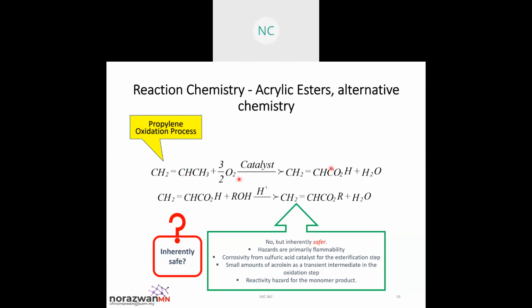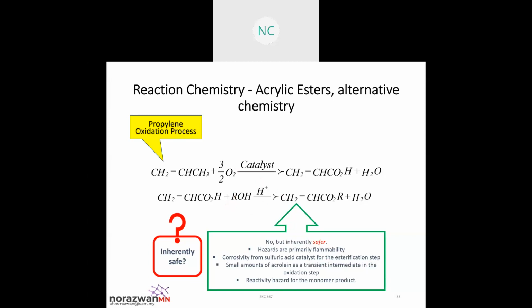What we call inherently safer is the comparison between the previous process and this process, which is less severe. The hazards are primarily flammability, but we already reduced some of the chemicals that were used in the previous process.